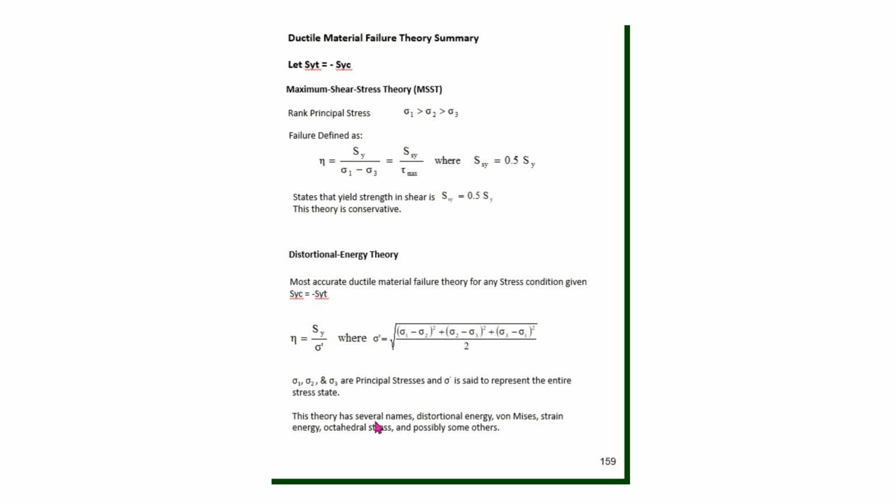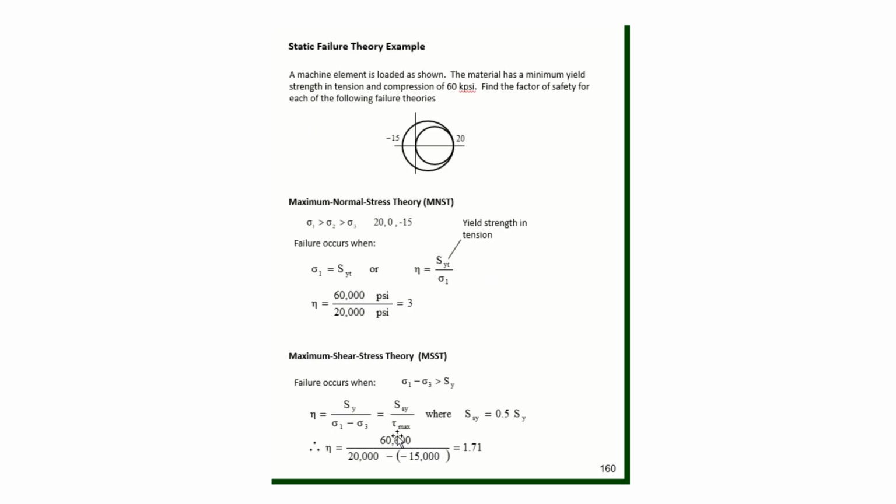And this theory has several names: distortional energy, von Mises, strain energy, octahedral shear stress, and there's probably some others. And then we had the method that we just talked about, the ductile Coulomb-Mohr method.